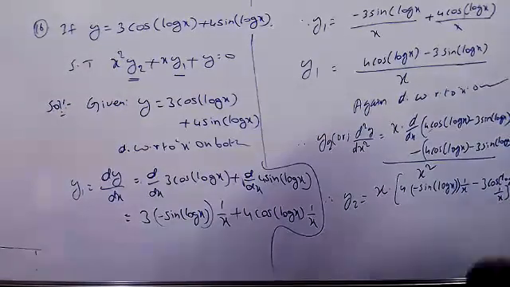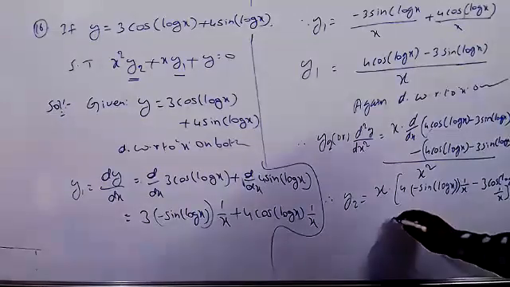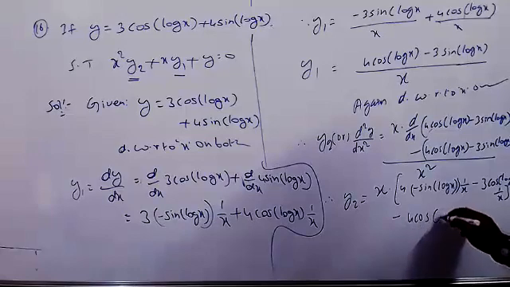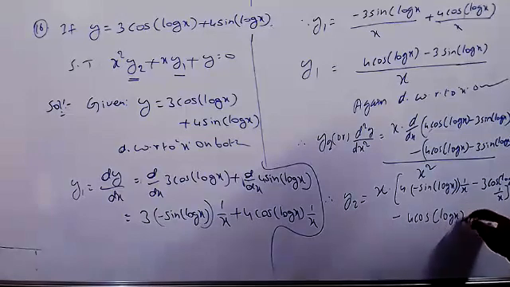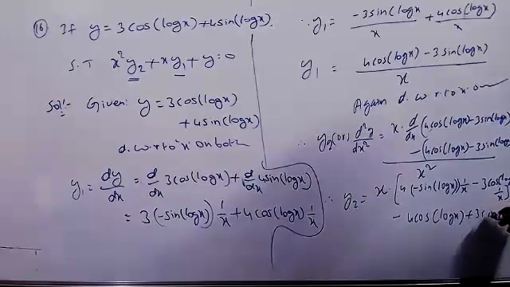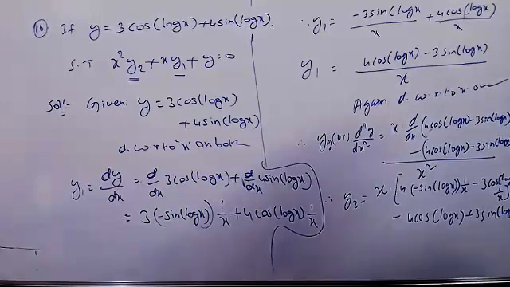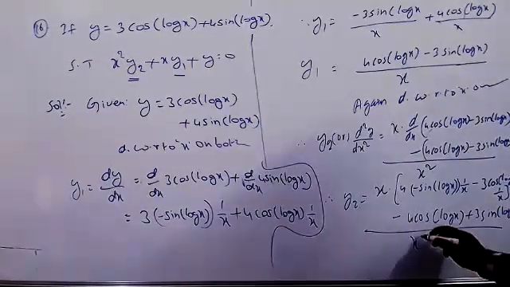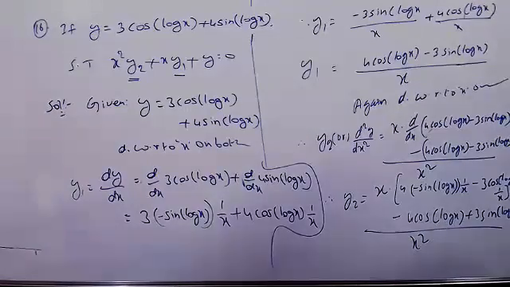Minus into minus gives minus 4 cos of log x, and minus into minus gives plus 3 sin of log x, whole by x square.